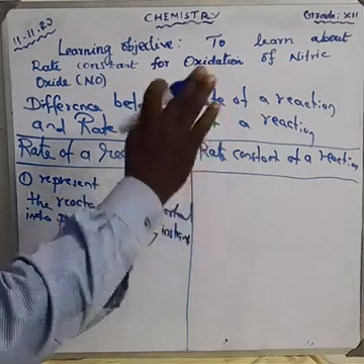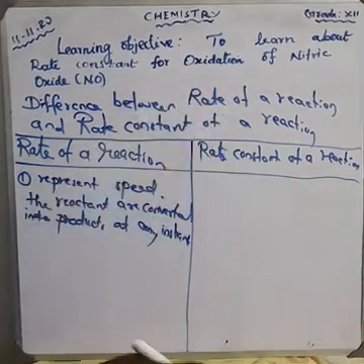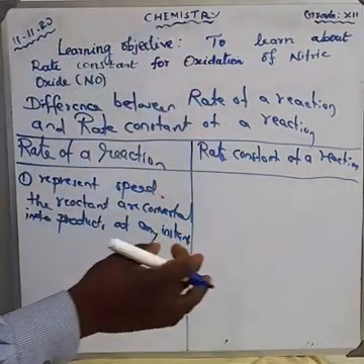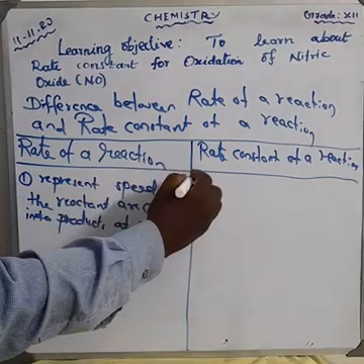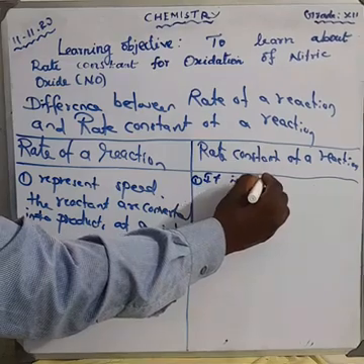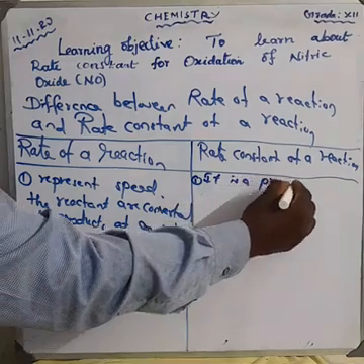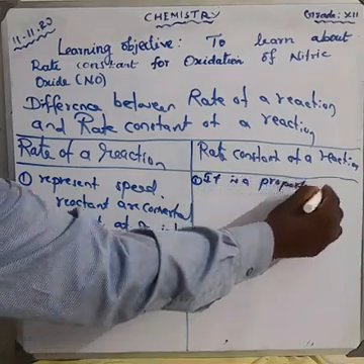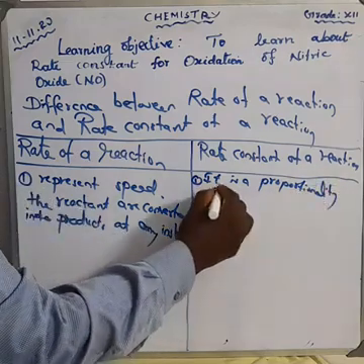Whereas the rate constant is a constant, a proportionality constant. First point: it is a proportionality constant.